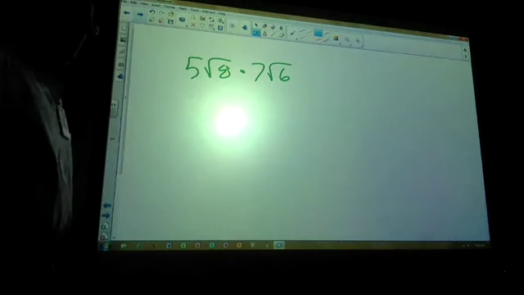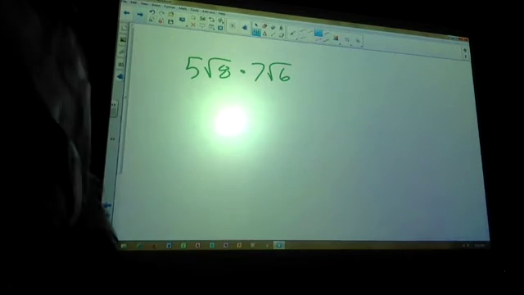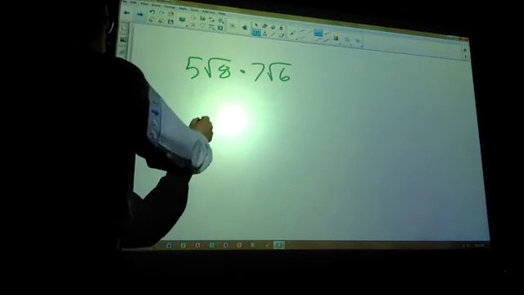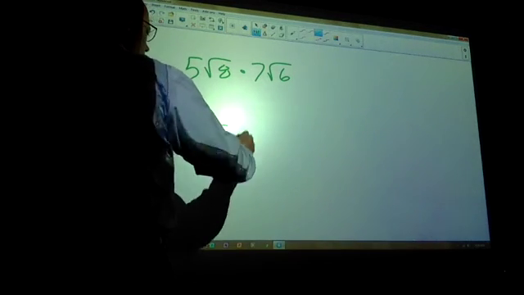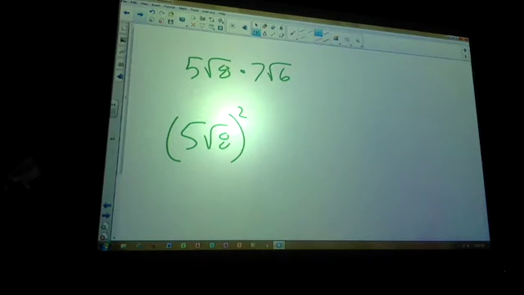Something like that. You multiply it by something, like a square root on the outside. Like this. Which one you want? Or both? I'll work them both.